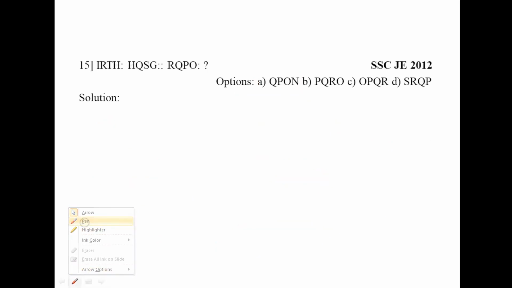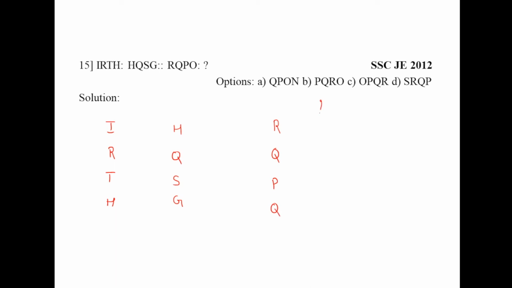Asked in SSC JEE 2012 again. IRTH, again H, Q, S, G, and R, Q, P, O, and what is actually the relation? Identify the relationship between I and H, R and Q, T and S, and H and G. I will write the numbers.